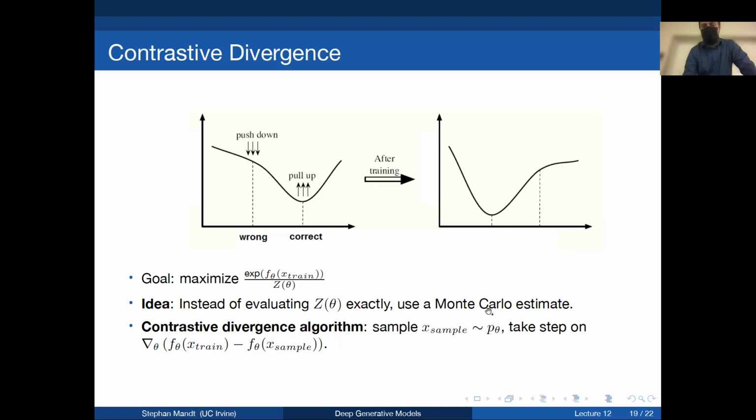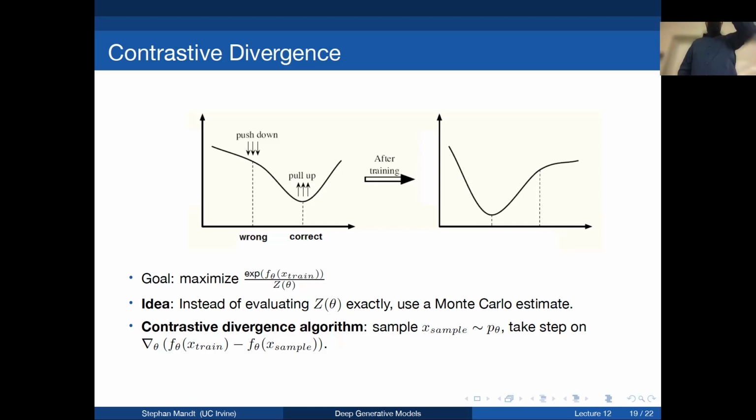So we generate a sample from our model, and then we do the following update only involving f, no longer involving z. We aim to increase f on the training data. So we do a positive gradient step in the direction of f theta of the training data, and we decrease the loss function by subtracting the gradient of f evaluated on a fictitious data point, x sample, right? So this will essentially increase f in the places where we hope to increase it, and it will push f down in these kind of fake, unreal data points, everywhere else, essentially.